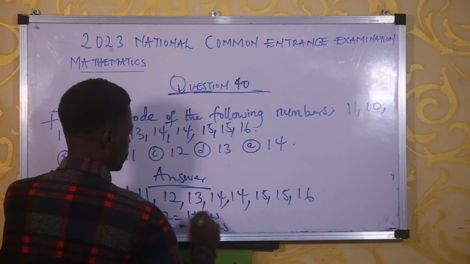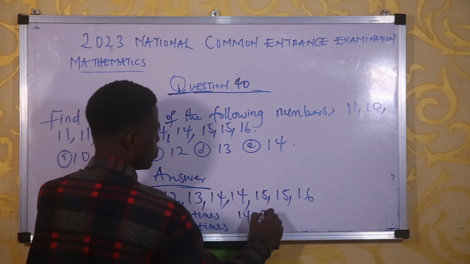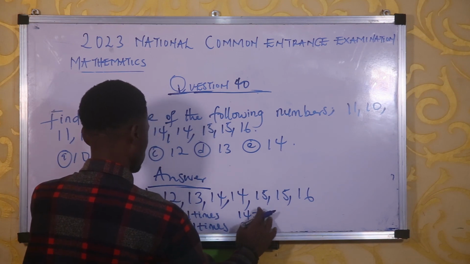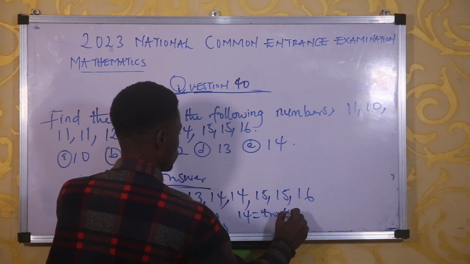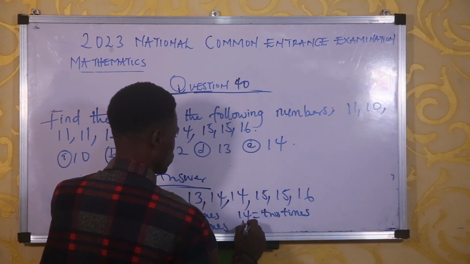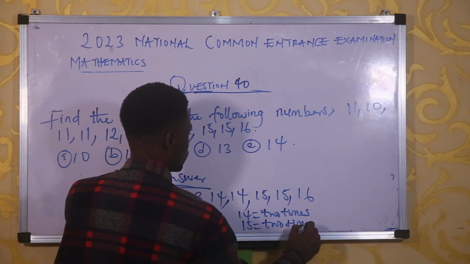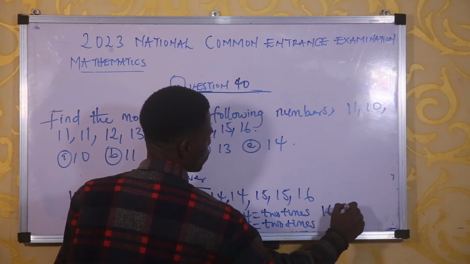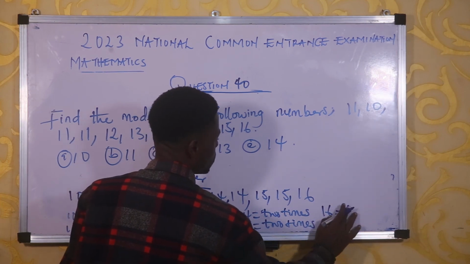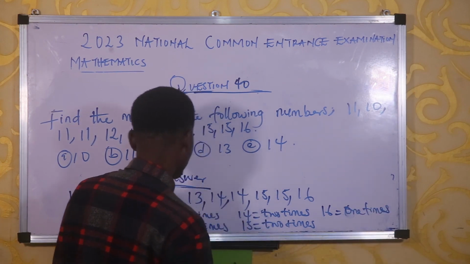So, 14. Can you see? 14 comes out 2 times. Take note of that. Then 15 also comes out 2 times. The last one is 16, which comes out just 1 time.